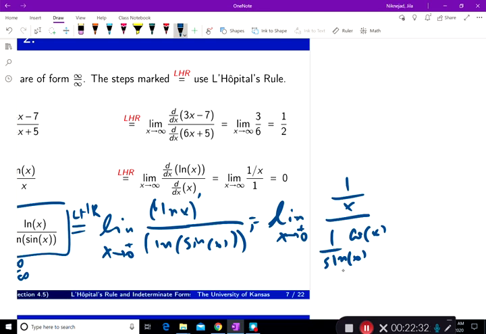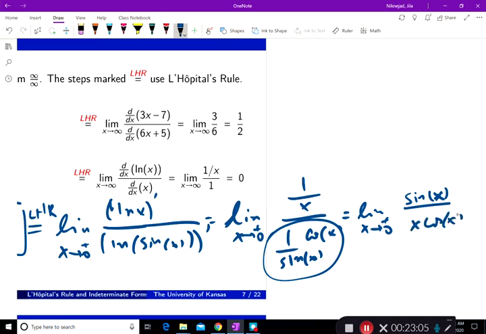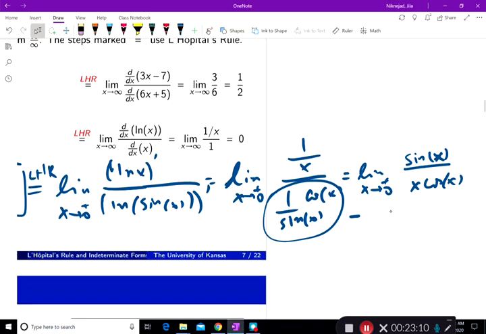And if I want to do another L'Hopital's rule, it's going to be a little awkward, and the derivative is a little harder. So what I do instead, I simplify this, and I get the limit as x goes to 0 positive of 1 over x times the reciprocal of the bottom, which is sine of x over cosine of x. So it would be sine of x over x cosine of x. Okay, so at this point, I know something for sure.